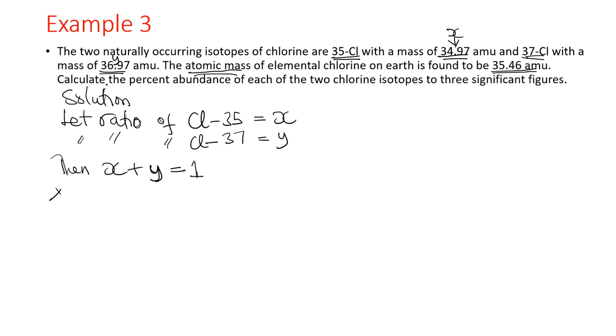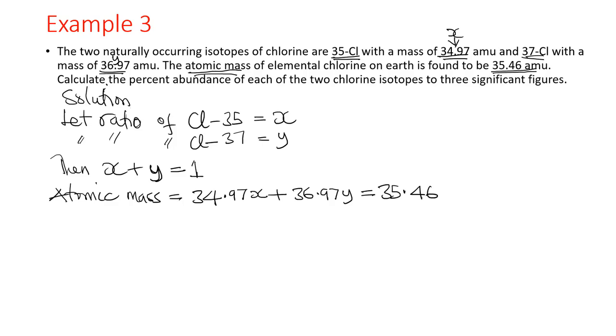I can say that atomic mass is given by 34.97 times the ratio x plus 36.97 times the ratio y. And this gives us 35.46 atomic mass unit.